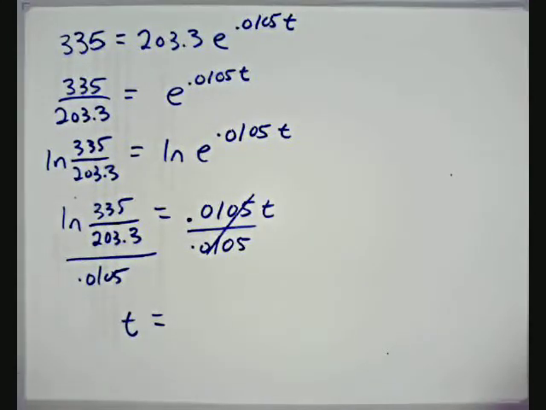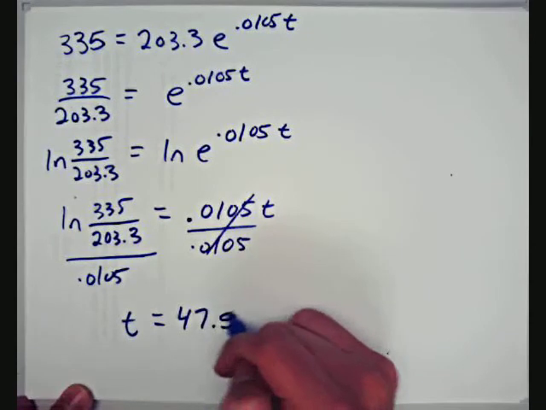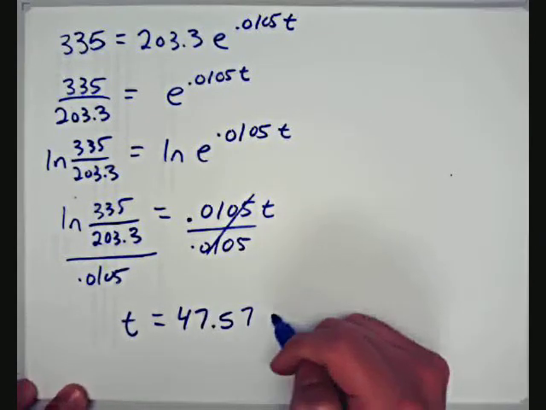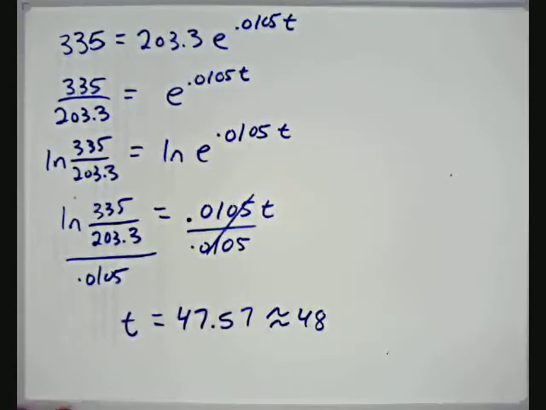Okay, so typing this into our calculator, the natural log of 335 divided by 203.3, close parentheses, divided by 0.0105 gives us 47.57. So rounding to the nearest year, that's about 48 years. And to answer the question appropriately, it says in what year.